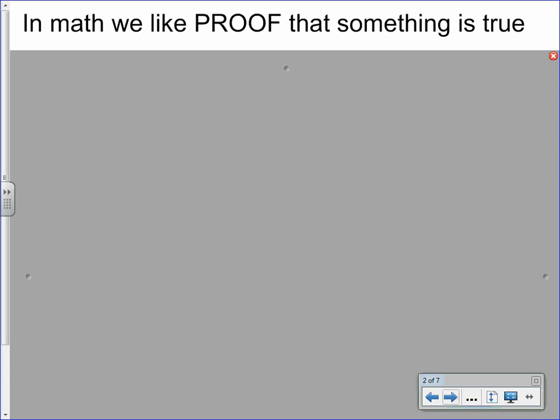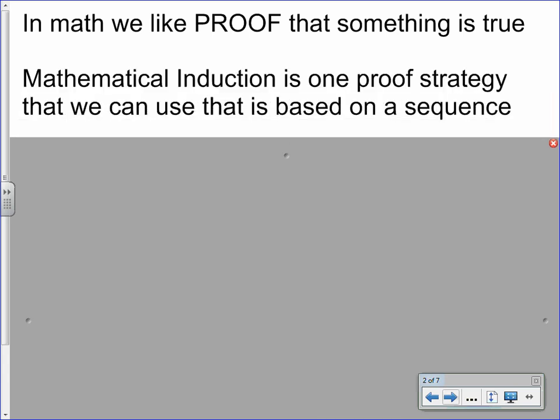We are going to study mathematical induction in this section, which is a type of proof, much different than your geometry proofs, but still a mathematical proof of something. We use mathematical induction as a strategy to prove something that's based on a sequence. It might be a sequence that sums up to something.